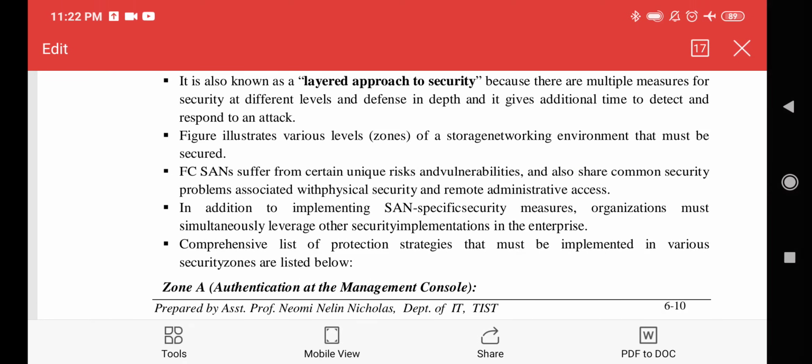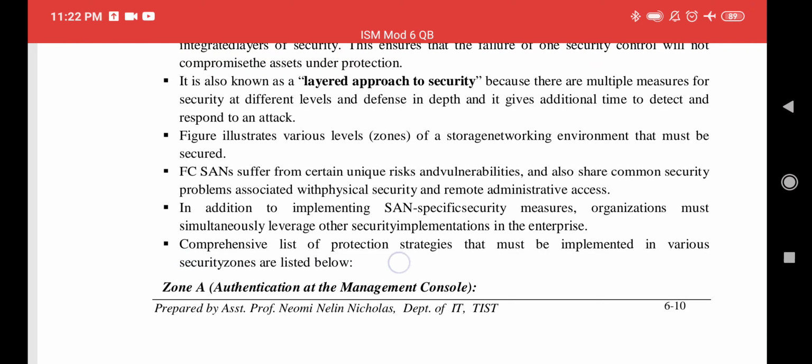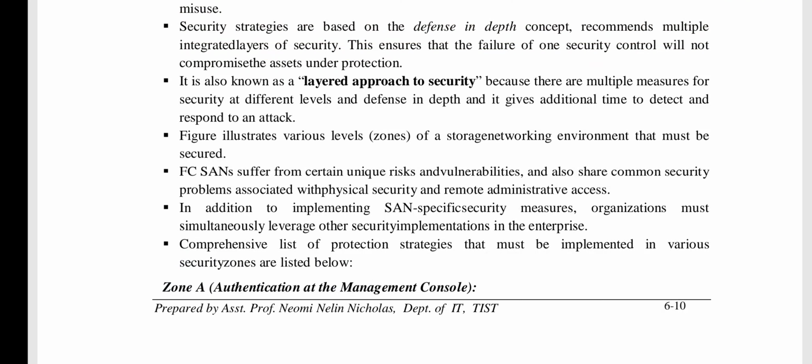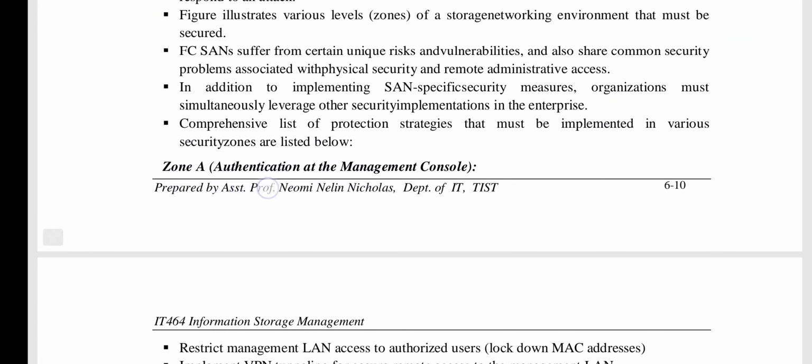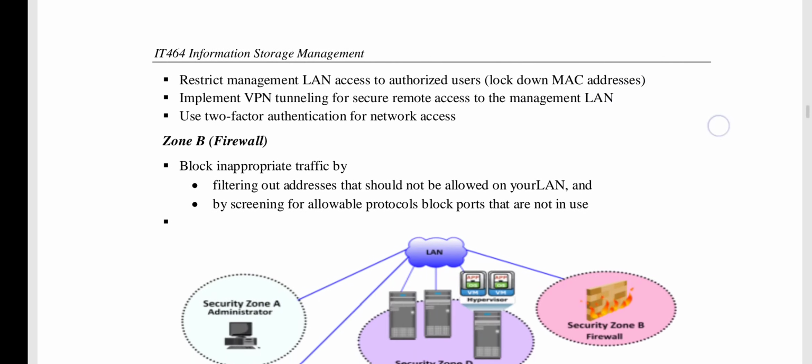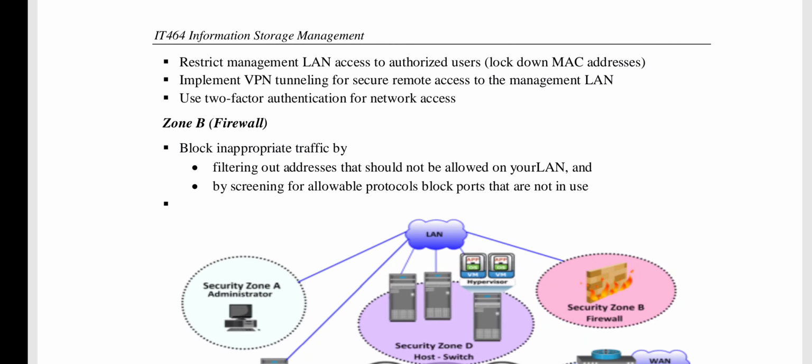So we find that the comprehensive list of protection strategies that must be implemented in various security zones are listed below. Zone A is for authentication at the management console, and it restricts management LAN access to authorized users only, and it locks down the MAC addresses. Then Zone B is the firewall.